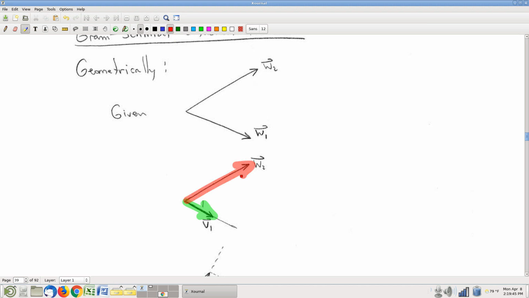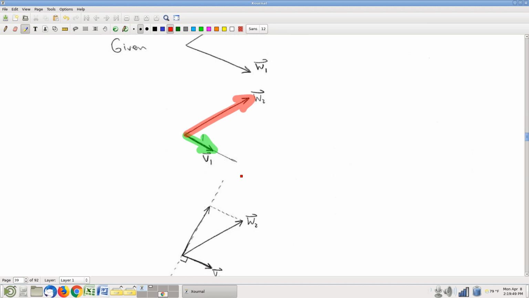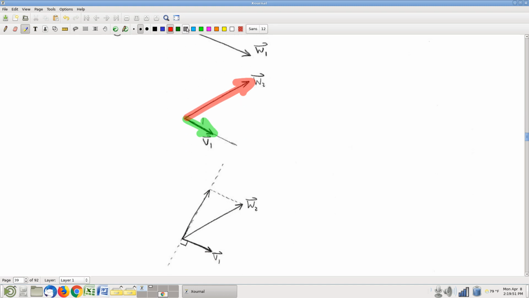Now we have one fixed vector and one not fixed vector. What's the next thing we do? Well, this vector here is not good. It's got a problem. It's pointing in the wrong direction. So how about we fix it by identifying what part of it is pointing in the direction it's not supposed to be?